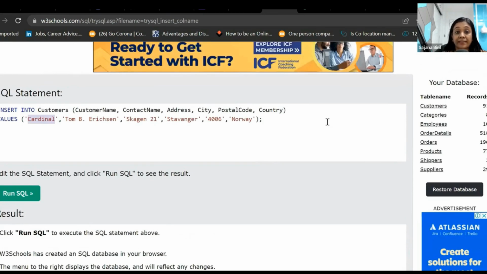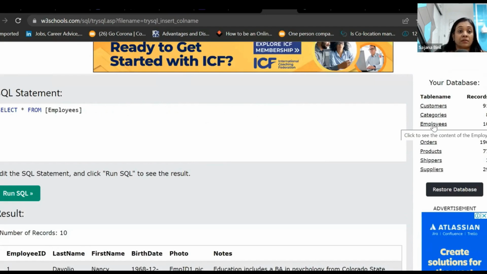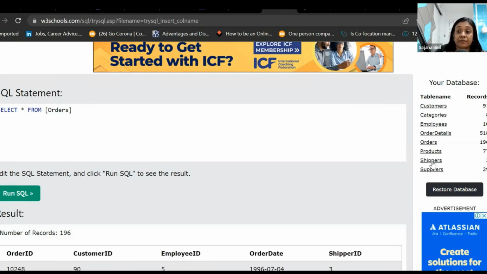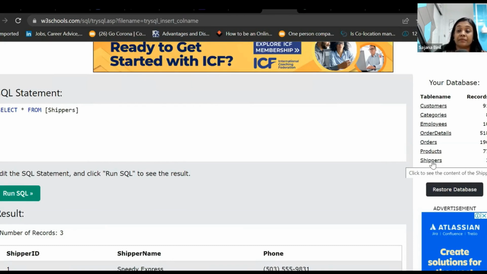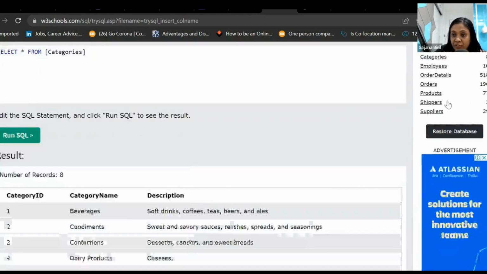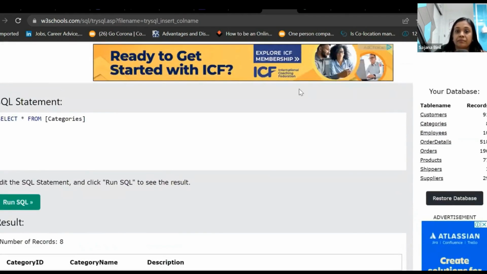On the right-hand side panel, guys, there are certain databases they have given additionally. Employee database. If you want to use a different database, order details database, you can click on that database name, orders, shippers, and you can play around with that also. Actually, different categories are also given as your database.